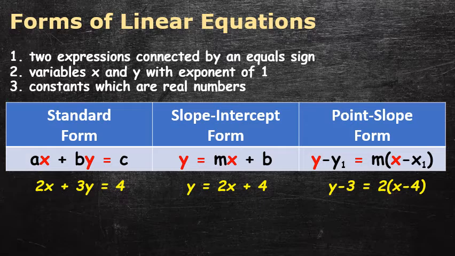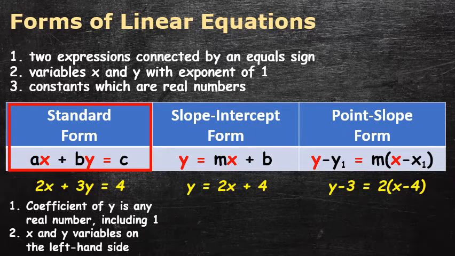Pag format ng equation ang pinag-uusapan, madaling tandaan na ito ay nasa standard form. Una, ang coefficient of y is any real number kahit pa 1. Pangalawa, ang x and y variables natin ay parehong nasa kaliwa ng equal sign.